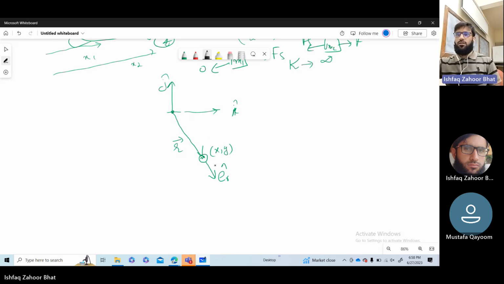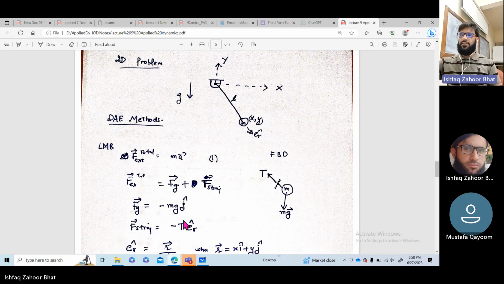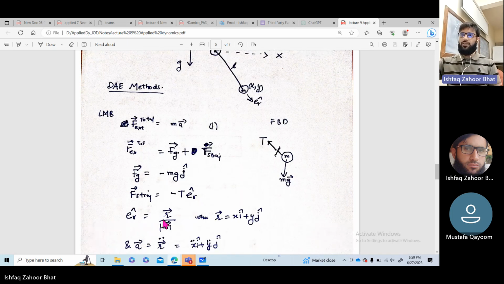So basically this e_r cap is a unit vector in the R direction. And we know if we want to find the unit vector in any direction, it is equal to the vector divided by the modulus of the vector. That is why I have written this e_r cap as R upon mod of R, where R is nothing but xi plus yj.